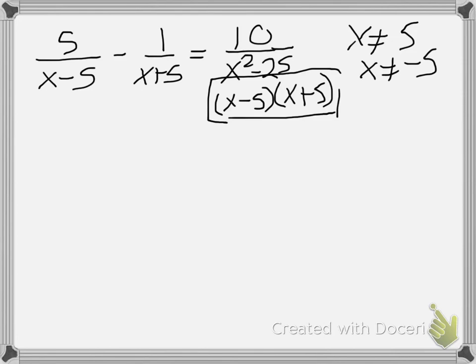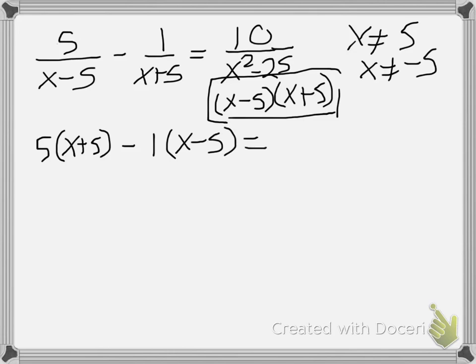Okay. If I multiply the first term, the x minus 5s will cancel out, so I'm going to have 5 times x plus 5. I'm going to have minus 1 times, the x plus 5s cancel out this time, so I have x minus 5.